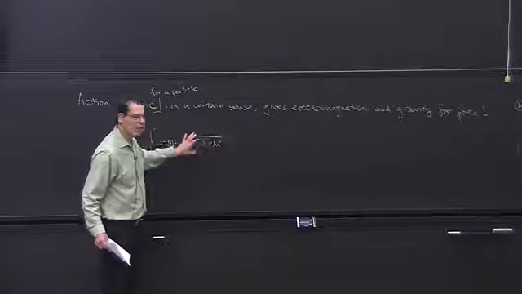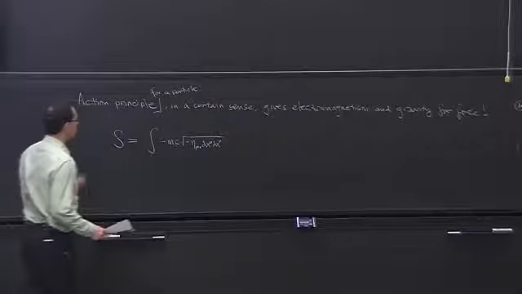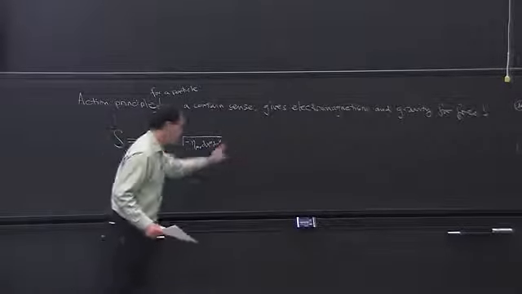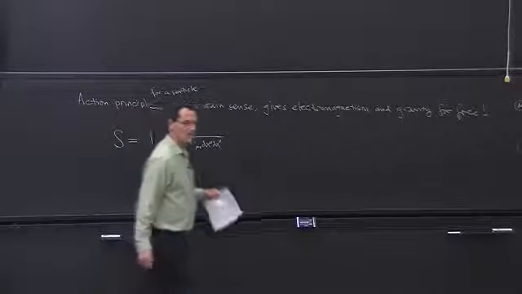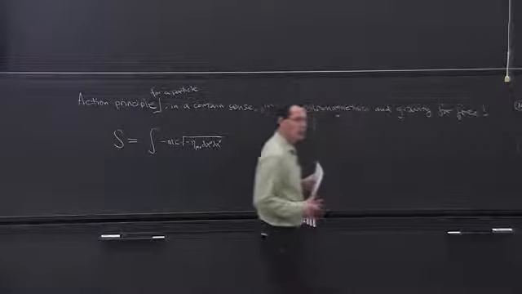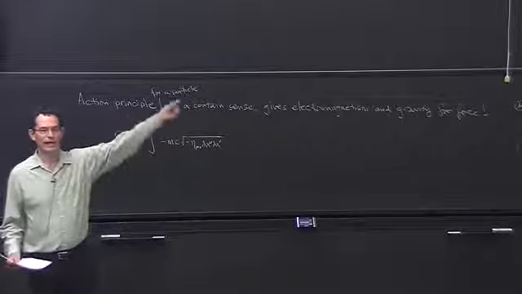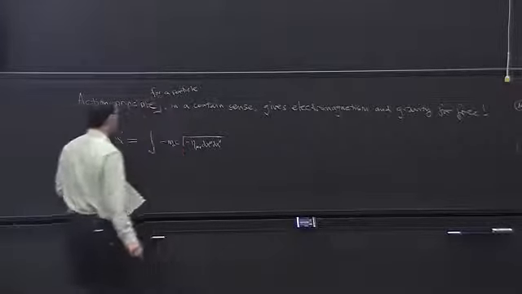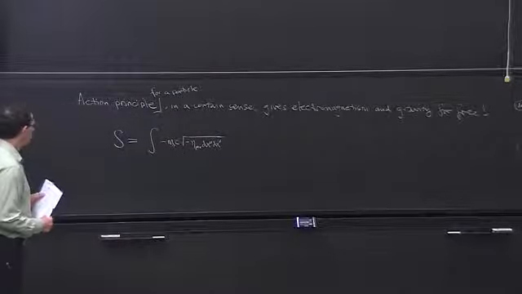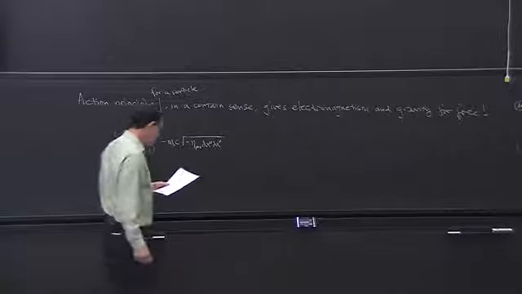And when I take the square root, I'm going to get c dt, so I'm going to get minus mc squared integral dt, and the rest of the stuff in the square root will give the square root. So that was the action for a particle, and basically the definition of its mass is the coefficient of the length of the world line. So that's the action for the free particle.